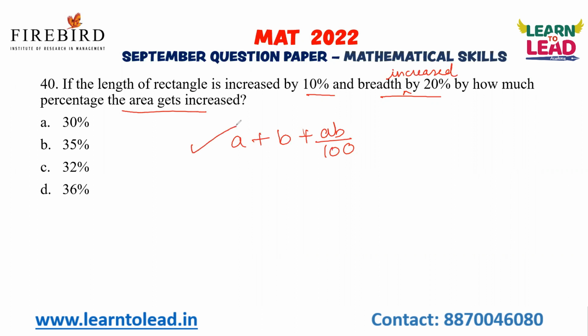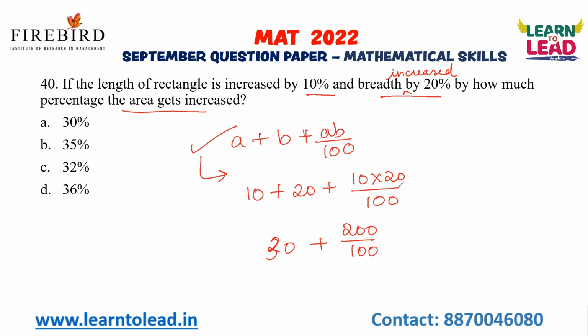There I have used this formula only. The same formula you can use here. Length 10% and breadth 20%, and finally you'll get 10 into 20 divided by 100. What is 10 into 20? 10 plus 20, 30, plus 10 into 20 by 100 is what? 200 by 100. Okay, so 32% is my answer.